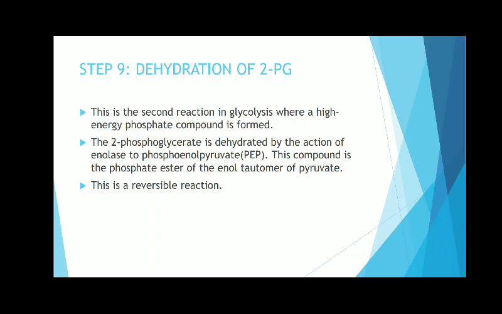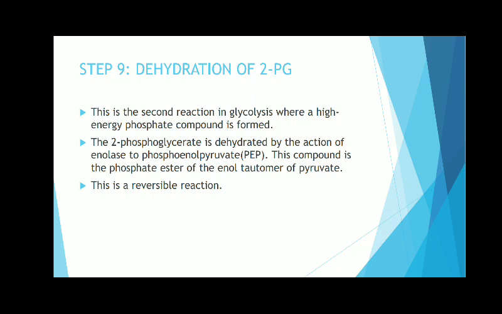Now step 9, that is dehydration of 2PG. What happens in this is the second reaction in glycolysis where a high energy phosphate compound is formed. The 2PG, that is 2 phosphoglycerate, is dehydrated by the action of enolase to PEP, that is phosphoenol pyruvate.